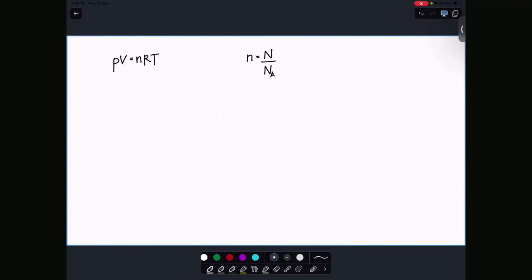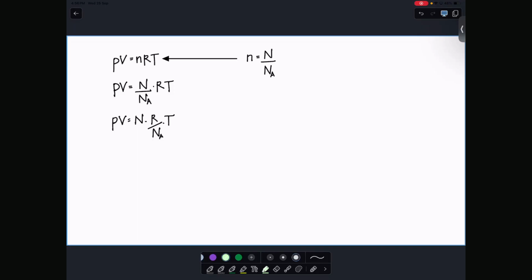So if I replace the mole number with that and introduce it into this equation, we get PV equals N by N_A times R into T. Then I take PV equals N into R by N_A times T. And what is R?